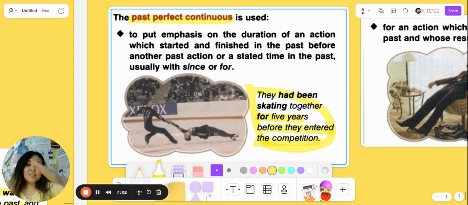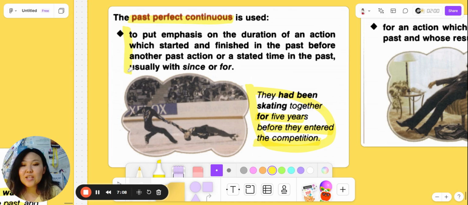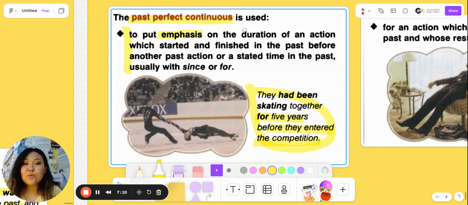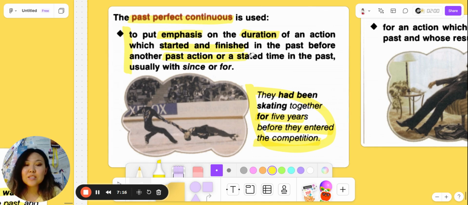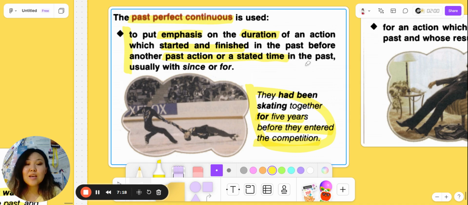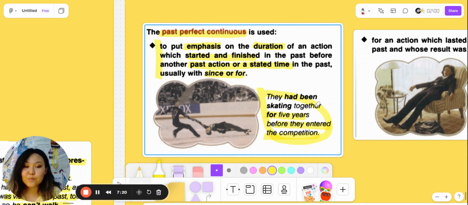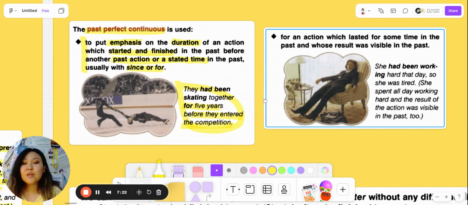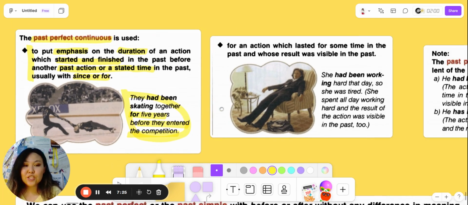They had been skating together for 5 years, and then they entered this competition. So to put emphasis on the duration of an action which started and finished in the past, before another past action or a stated time in the past, usually with since or for, we use past perfect continuous in this situation.